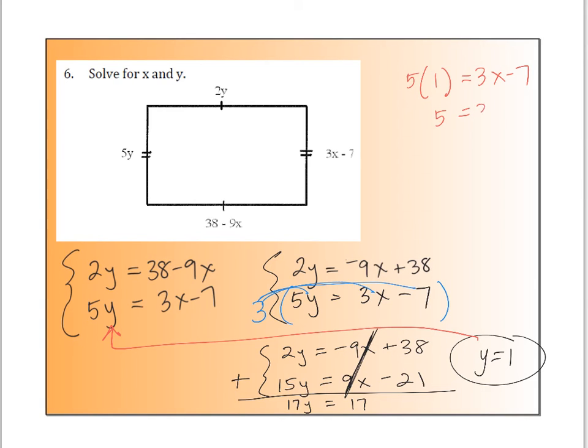That's 5 equals 3x minus 7. Add 7. 12 equals 3x. Divide by 3. 4 equals x. And we have done it. We have solved the system by using a method called elimination. X is 4, y is 1.